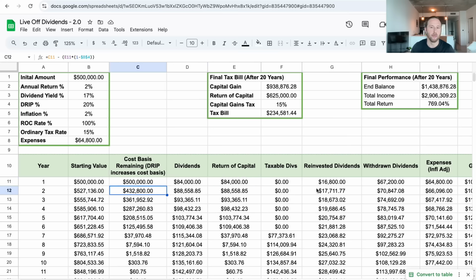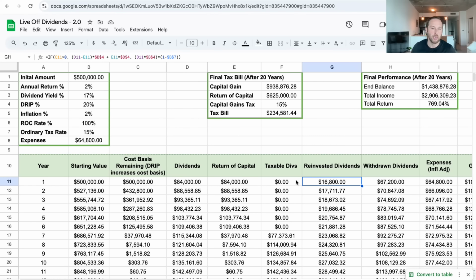So that's reducing it, but we've also increased our cost basis slightly based on the reinvested dividends, right? Because you're reinvesting your dividends, you're going to now increase your cost basis.